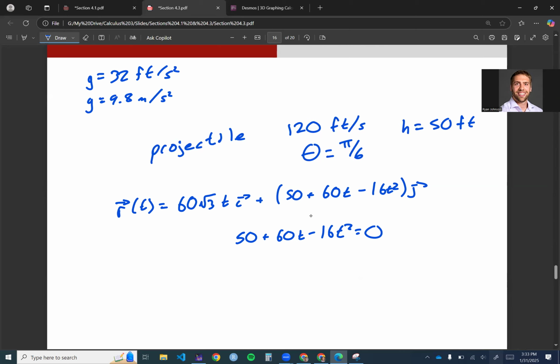I can just take this and make it 12.5 plus 15t minus 4t squared equals 0, and then deal with that.